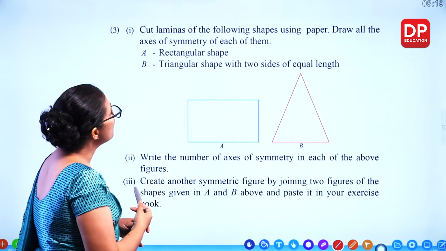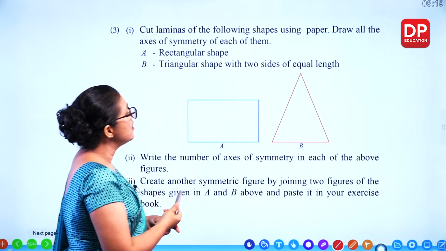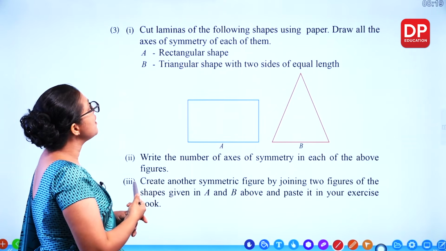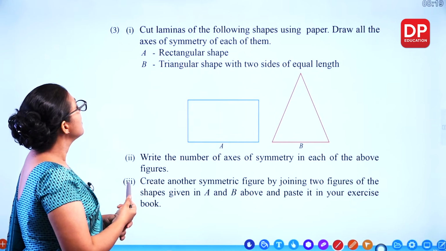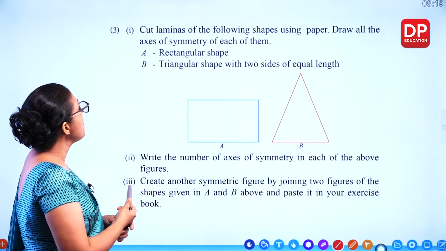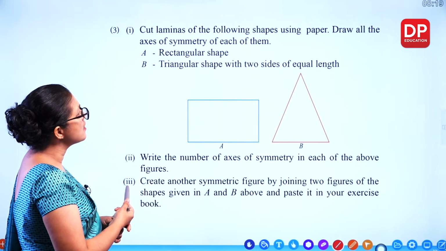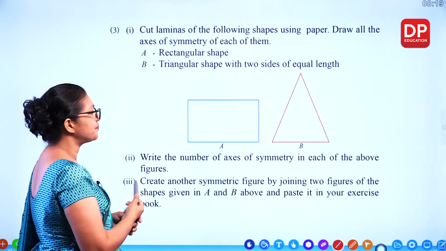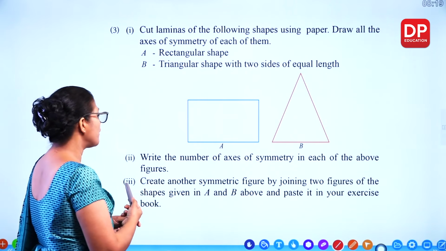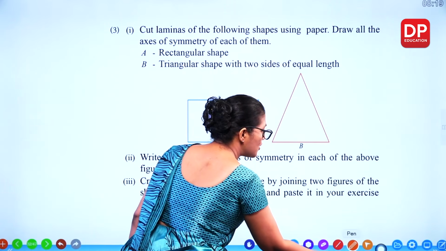Cut laminas of the following shapes using paper. Draw all the axes of symmetry of each of them. A is a rectangular shape. B is a triangular shape with 2 sides of equal length. So now try to draw the axis of symmetry.